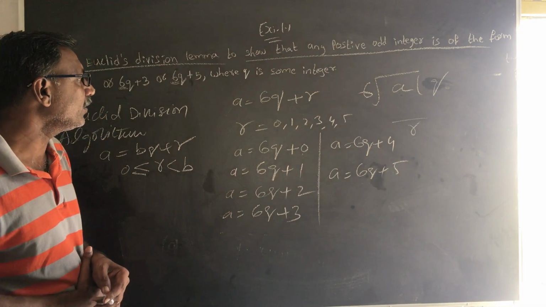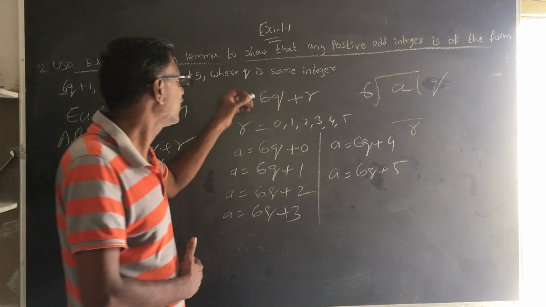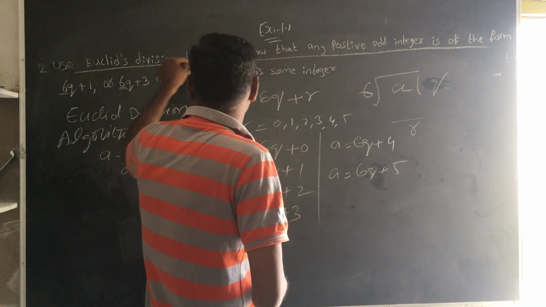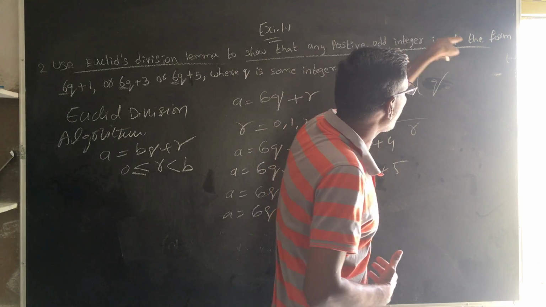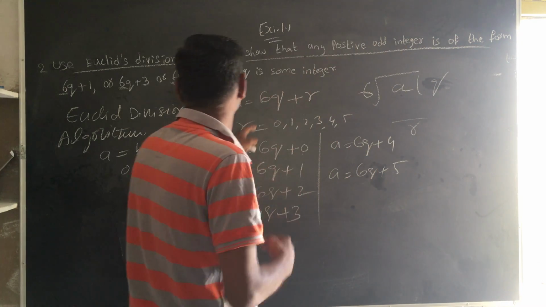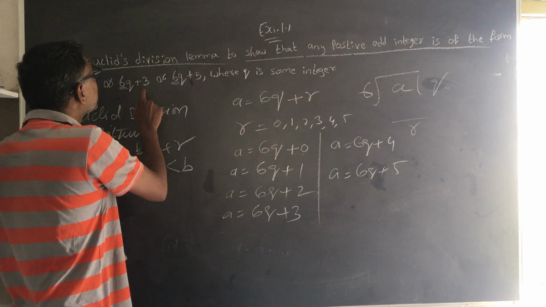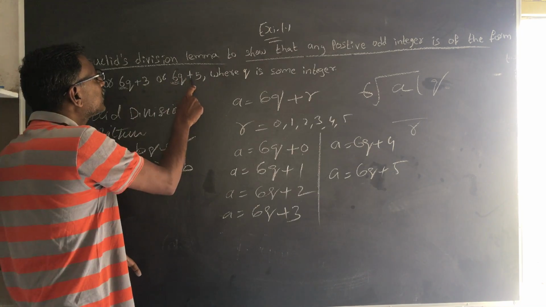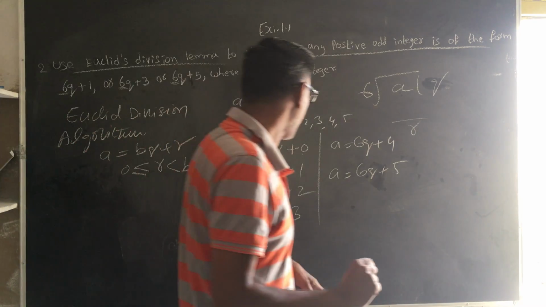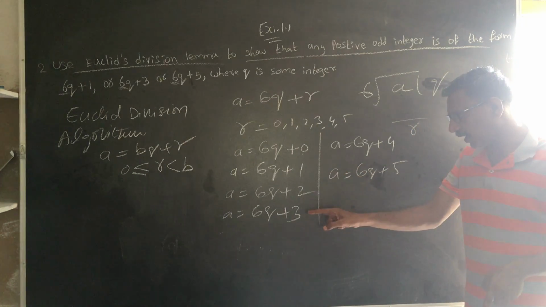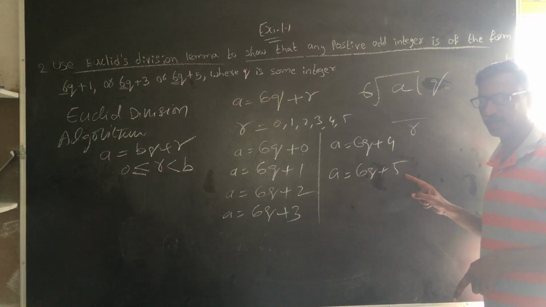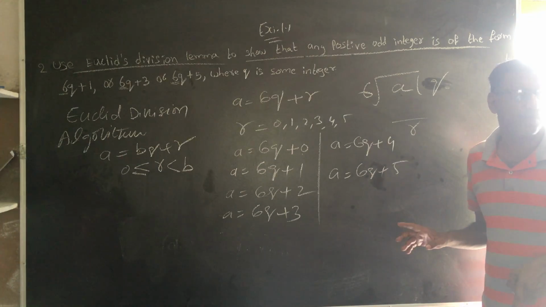Now we are going to discuss that any positive odd integer is in the form of 6q plus 1, 6q plus 3 and 6q plus 5. By observing, this one and this one and this one are odd positive integers.